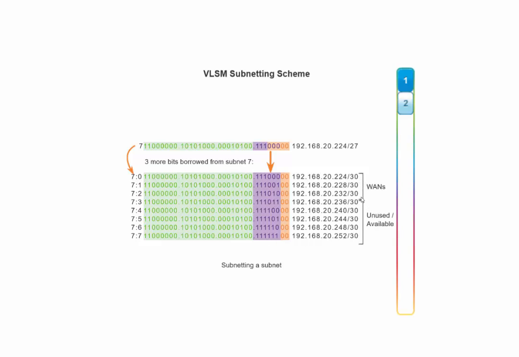We use 3 of these subnetworks for the WAN connections, which will be /30, and the rest will be unused for future growth. So that's one way of subdividing the subnets at 2 levels, or sometimes 3 levels, using variable length subnet mask.